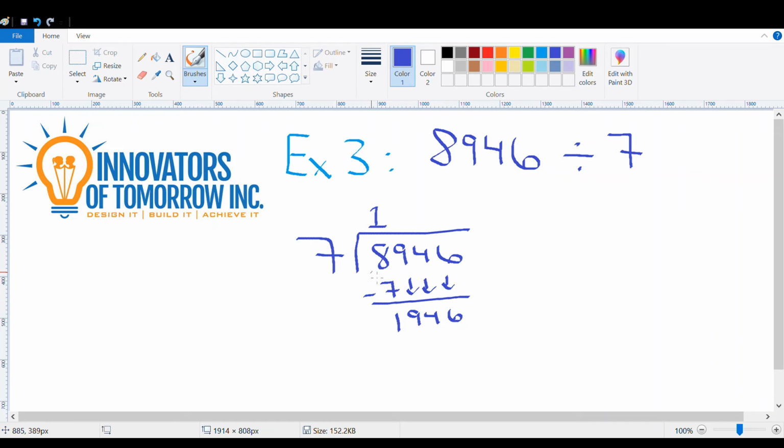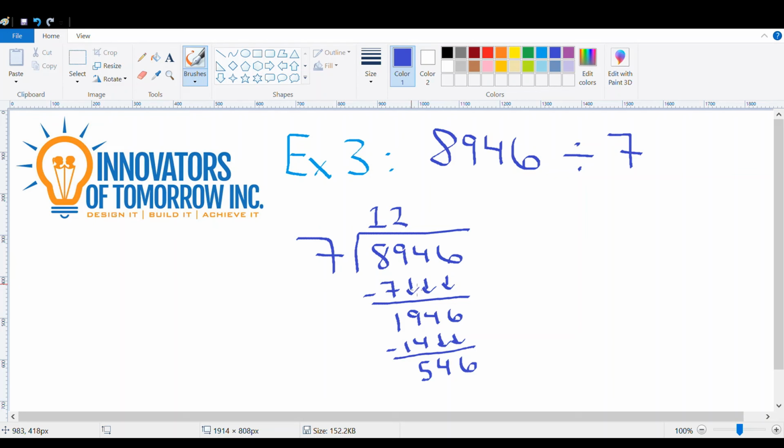We now continue with the same process. So we take 7, figure out how many times it can go into 19. 7 can go into 19 2 times, so we put 2 up top and subtract from 19 the product of 7 times 2. 7 times 2 equals 14, so we subtract 14. 19 minus 14 equals 5, and then we continue dropping the rest of the dividend.